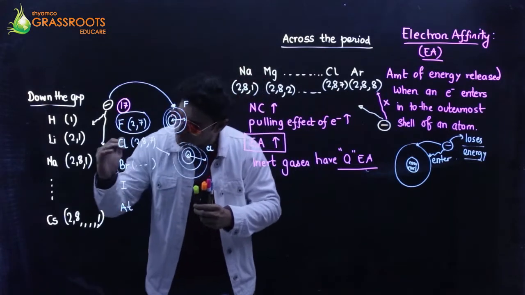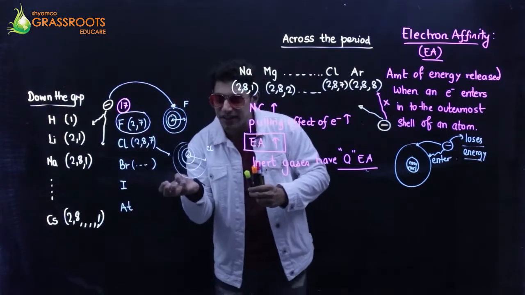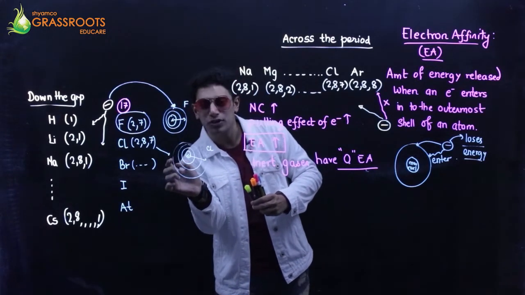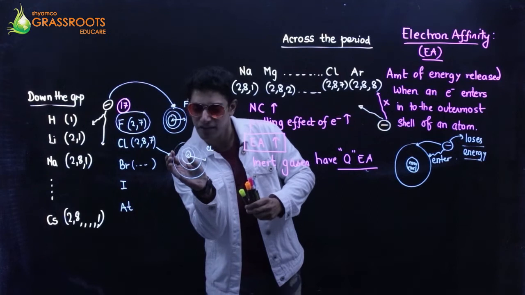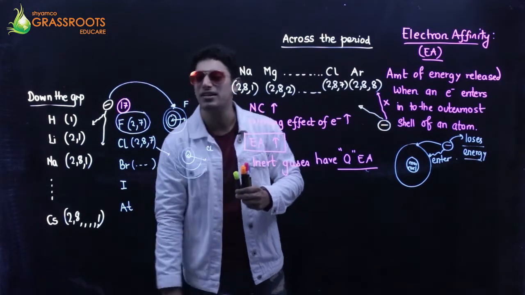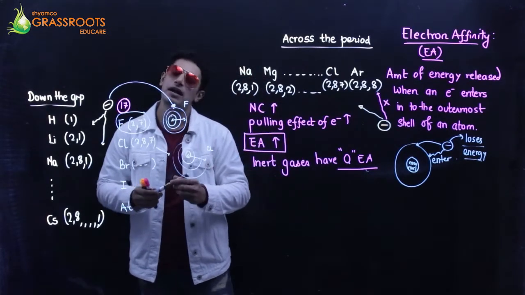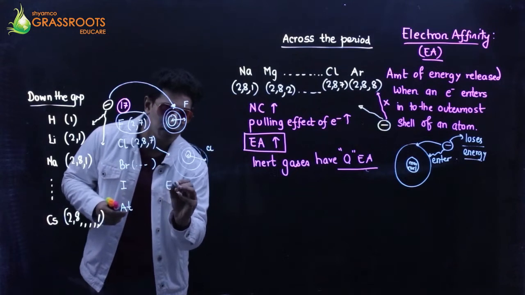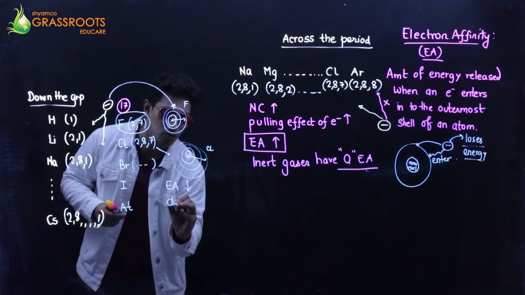As we go down, the pulling power decreases because the shell starts getting far. Far means the force of attraction decreases. So down the group, electron affinity decreases.